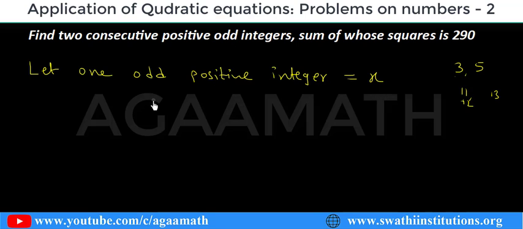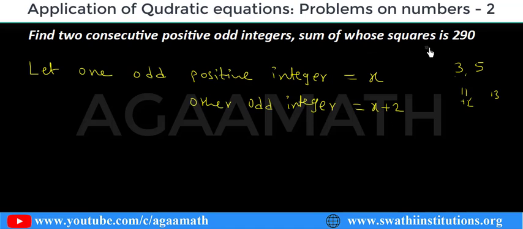So let us take the other odd integer. The consecutive odd integer I take as x plus 2, meaning the first is x, so obviously the next odd integer becomes x plus 2.